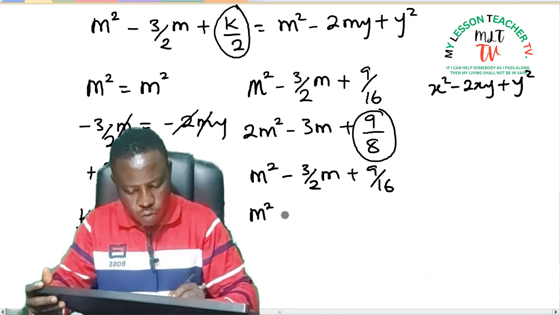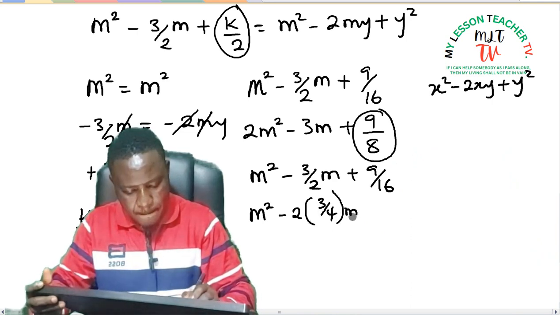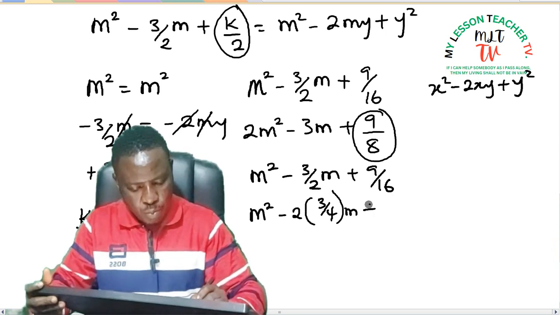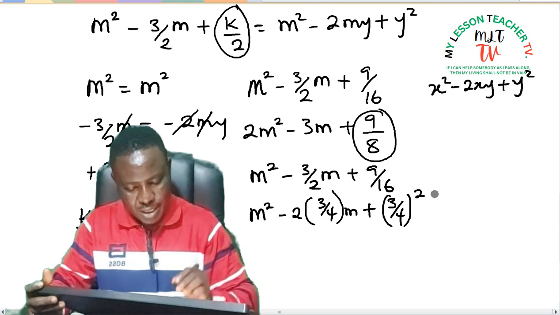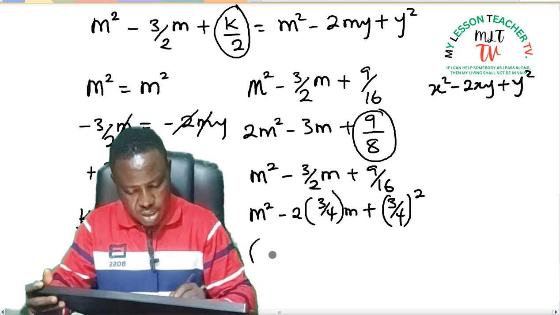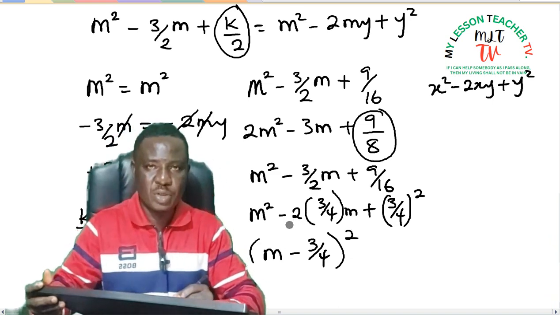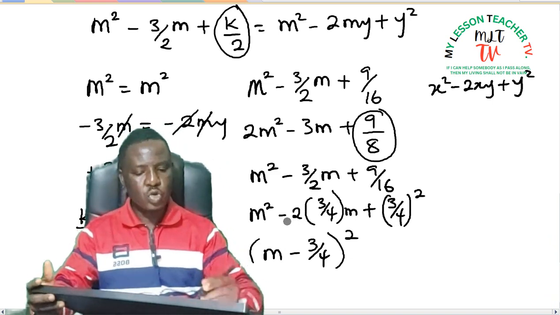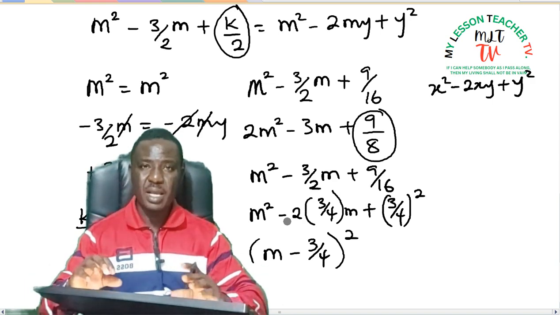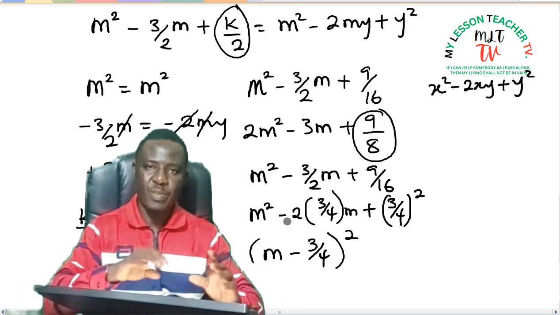When you factorize out 2 from here, you have minus 2 into bracket 3 over 4m plus 3 over 4 squared. So this now becomes m minus 3 over 4 all squared. Definitely it's going to be a minus because the middle term is a minus. So this is how you can make a quadratic expression a perfect square.